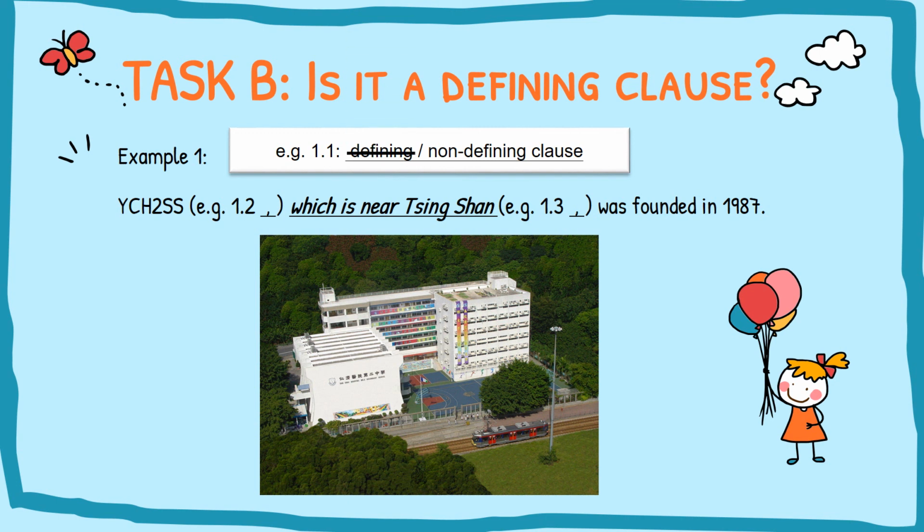So the answer is here, this clause, which is near Chengshan, is a non-defining clause. And therefore, for 1.1, you should cross out the word defining. And then for 1.2, add a comma. For 1.3, add a comma. That's how you complete a sentence.